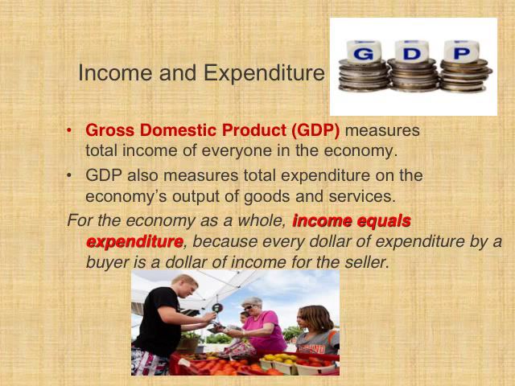GDP measures two things at once: the total income of everyone in the economy and the total expenditure on the economy's output of goods and services. For an economy as a whole, income must equal expenditure.